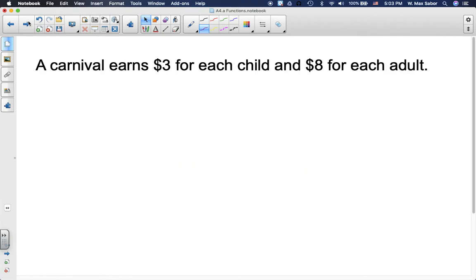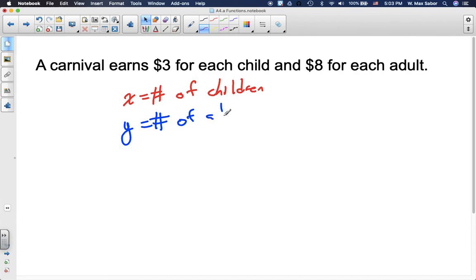A carnival earns $3 for each child and $8 for each adult. Well, this is trickier. This is something that you'll rarely see in Algebra 1, but this actually would say x is the number of children. Let's call y the number of adults.